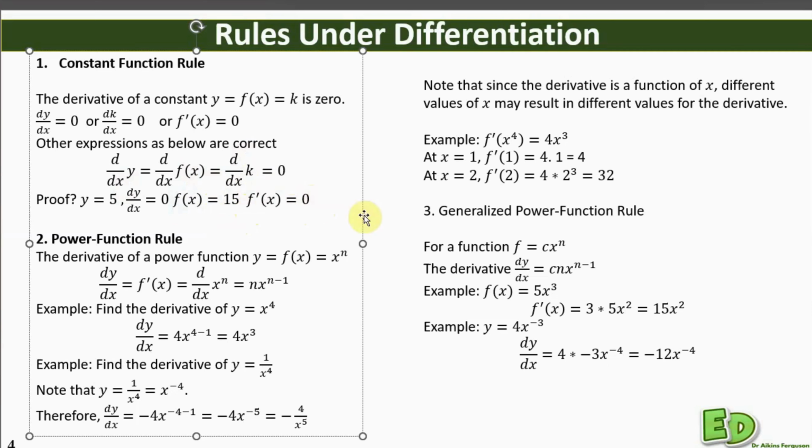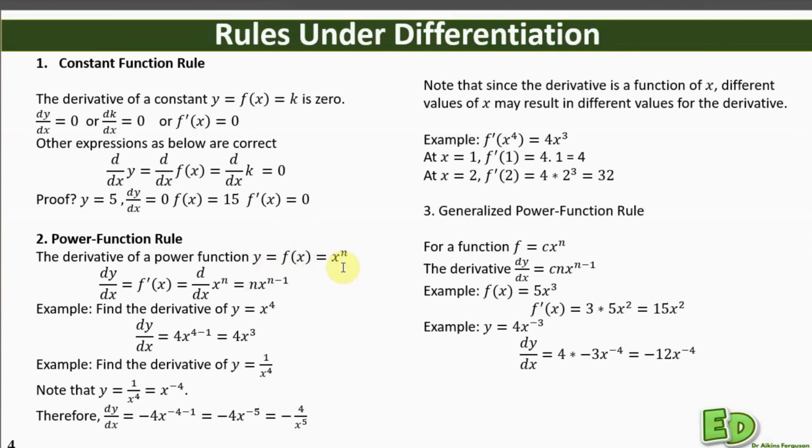It goes away, right? The second rule is what is called the power function rule, or the power rule. The derivative of a power function y is equal to f of x, which is equal to x to the power n. So we've been saying earlier on that y is equal to f of x, or f of x is equal to y, because the function can be given to you like this: y is equal to a function, or f of x is equal to the function.